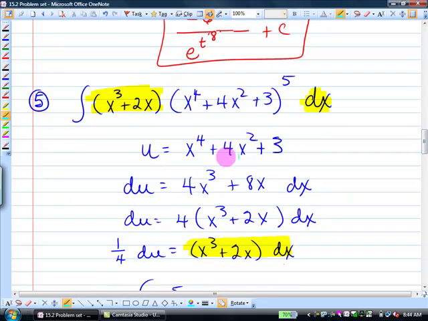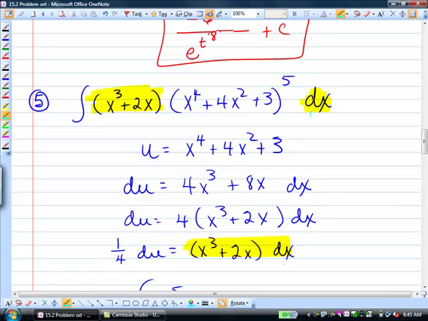When you take the derivative of this, you get 4x cubed plus 8x dx. I'm looking at this saying I could factor out 4, and then I see that I have x cubed plus 2x. Divide that 4 on the other side, and you get 1/4 du equals this part. So now I've matched. Okay?